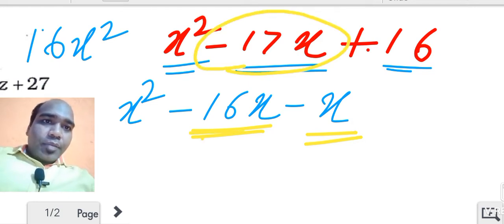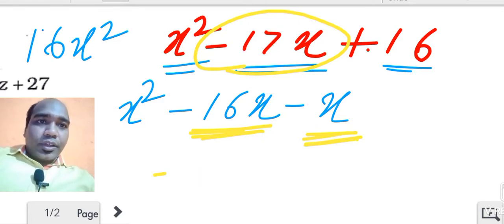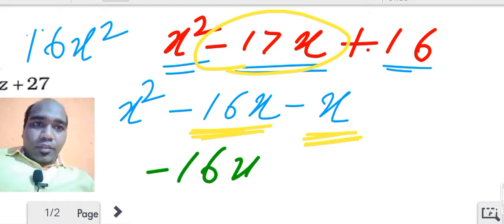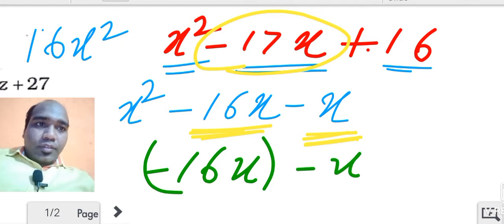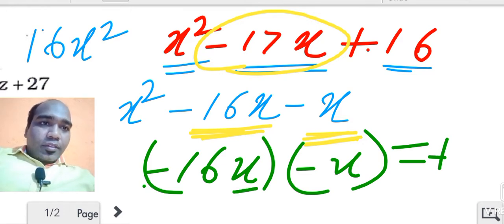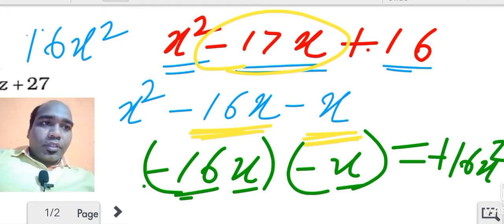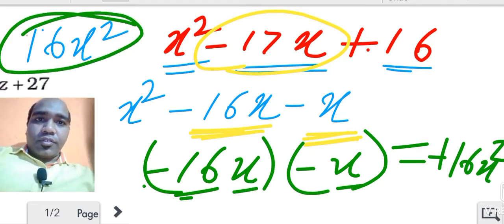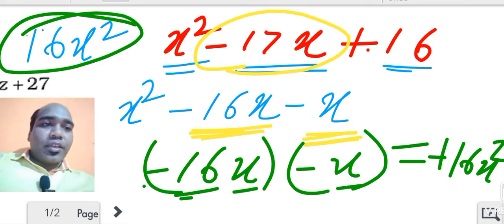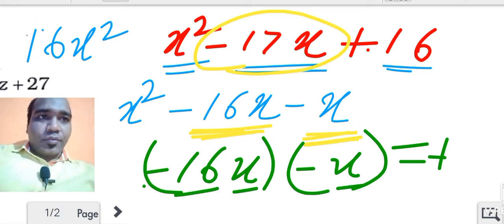And if you multiply minus 16x into minus x, minus into minus will get plus, and x into x, x square, and this 16, so plus 16x square we'll get. Okay, so which is equal to this 16x square. So this is satisfying our condition. So we'll split in this way.